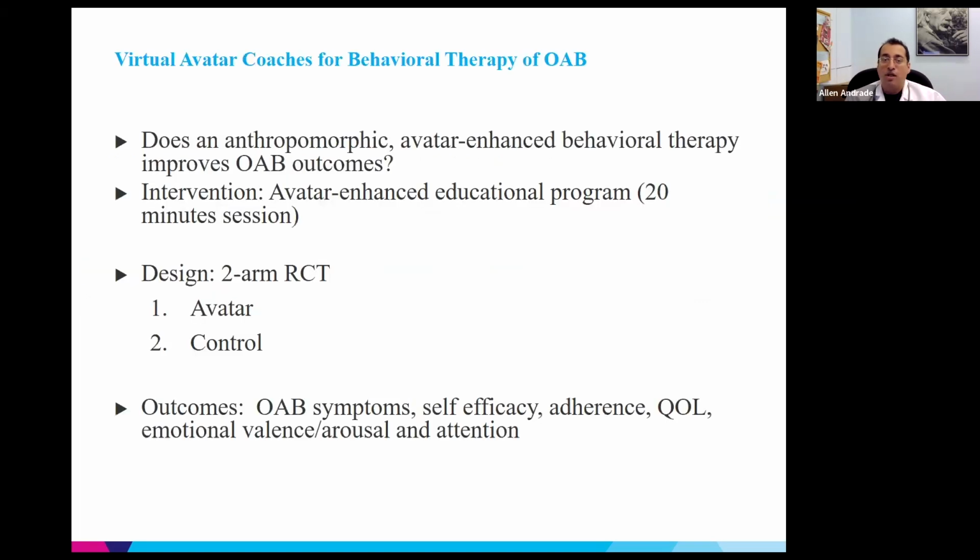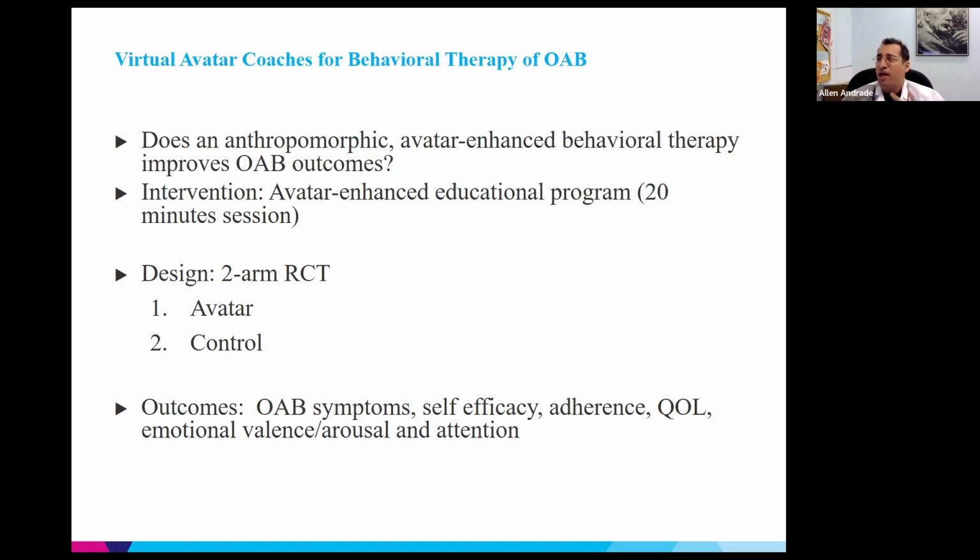Another offshoot of that same principle of utilizing an avatar that resembles a participant was used in another area, overactive bladder. Overactive bladder is a condition that includes frequency, urgency, and nocturia, and behavioral therapy for overactive bladder is very effective.